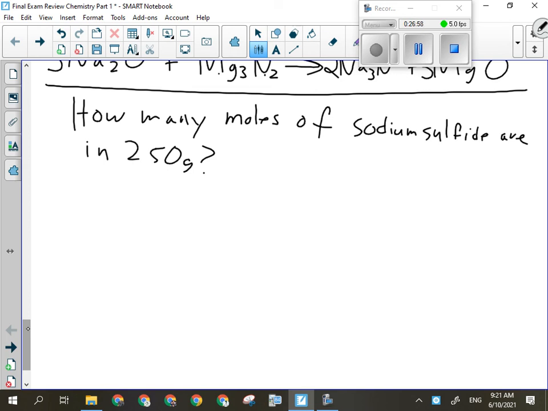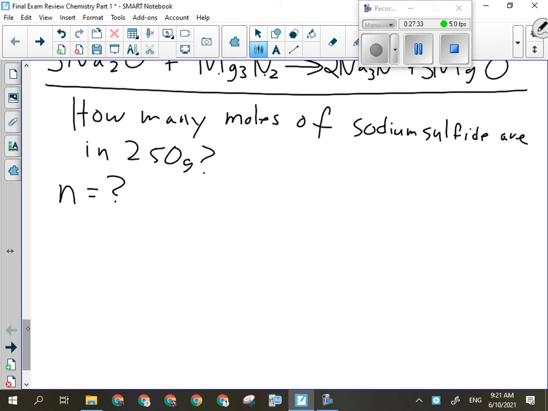This is the easiest of the 4 mole equation calculation types. So looking for how many moles, that's n.